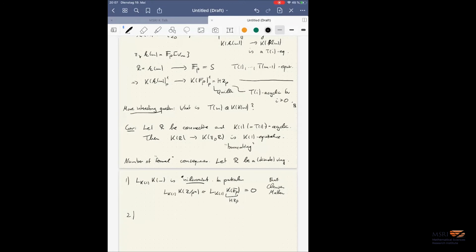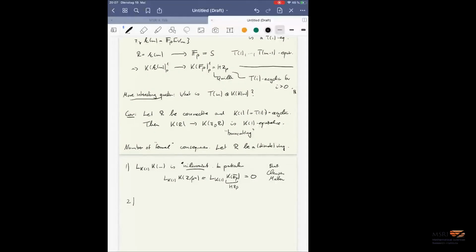And I should also say, while the K-theory of F_p was already computed by Quillen using the plus construction, actually the K-theory of Z mod p to the n is still largely mysterious. So while we cannot really compute it group by group, this gives part of a qualitative understanding of this K-theory.